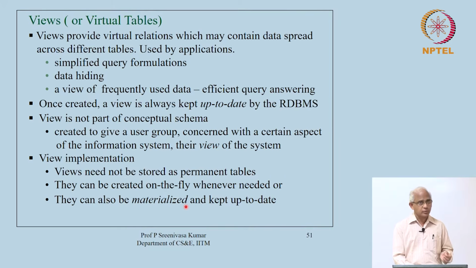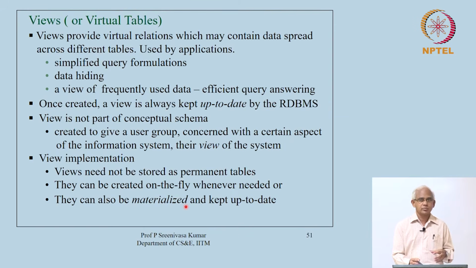There is also another approach. Since views are going to be used in querying, supposing a query has been stated on a view, can we transform that query so that it is translated into an equivalent query on the base tables?